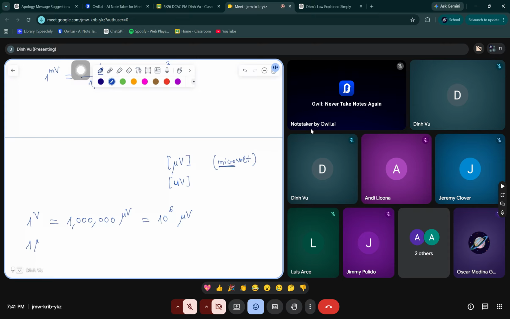And 1 microvolt is 1 over 1 million of volts.